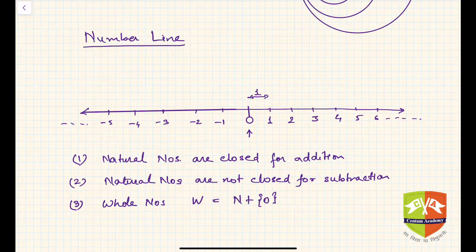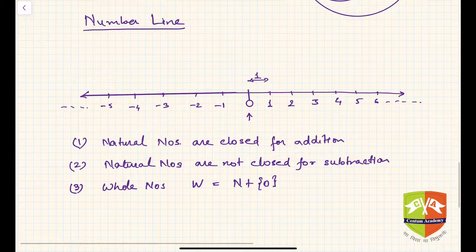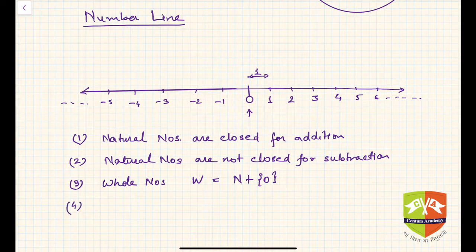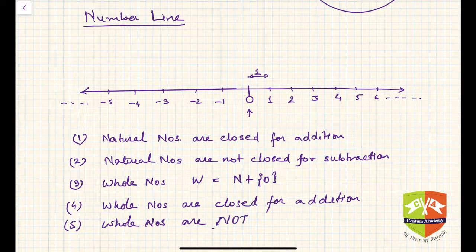So natural numbers with 0 added give you the whole numbers. And same as natural numbers, whole numbers are closed for addition, but again whole numbers are not closed for subtraction.